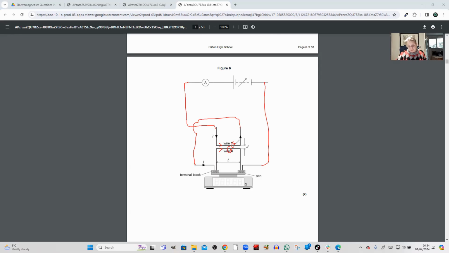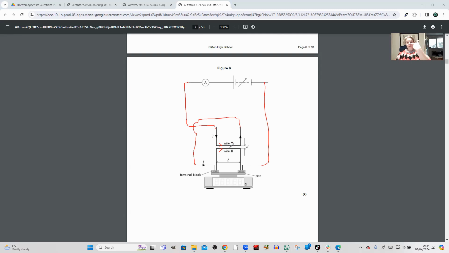And so the top one is going into the page where the bottom one is, and the bottom one's magnetic field is coming out of the page where the top one is. So if we just look at the top wire, the bottom wire has got a field coming out. So for the top wire, the magnetic field is out of the page.